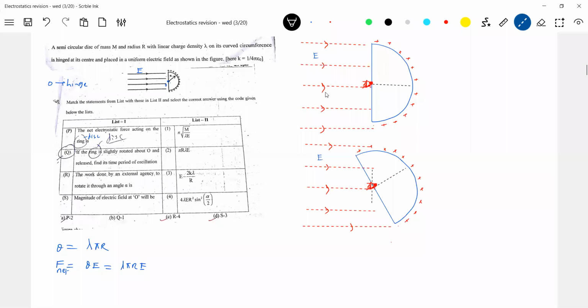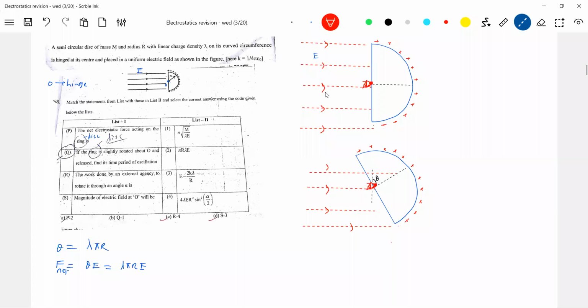This was the horizontal, no? So now I give a small displacement, let this be theta. Okay, do analyze. This is the electrostatic field. So net electrostatic force will be 2 lambda R E, no, sir? Effective length we should take.